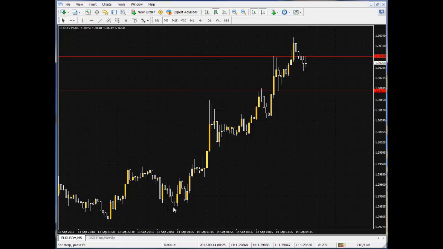So we see a trend here developing, and we can draw some useful lines on the chart to see if we're going to go under that spot.